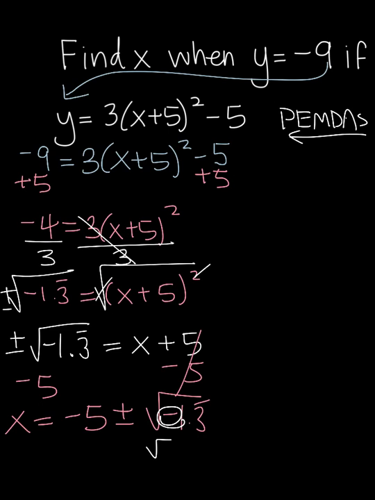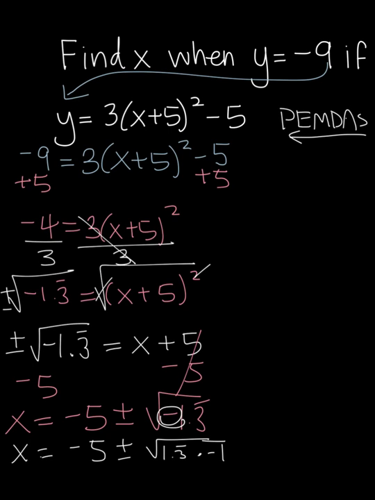So we're going to think of that as the 1.3 repeating times a negative 1. Of course, we still have the negative 5 plus or minus here in front. So that negative 1 inside the square root is where the i enters the picture. So x equals negative 5 plus or minus i square root 1.3 repeating.